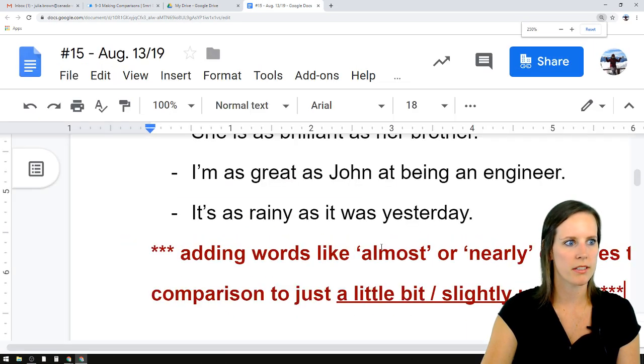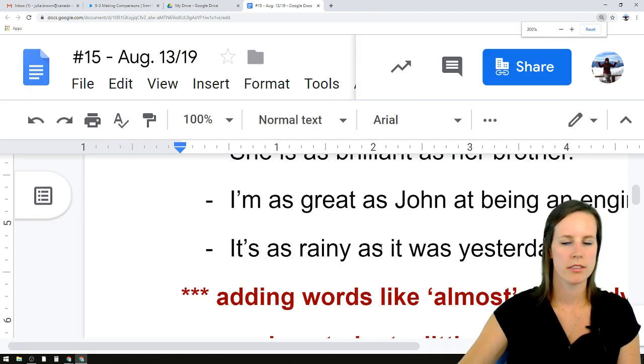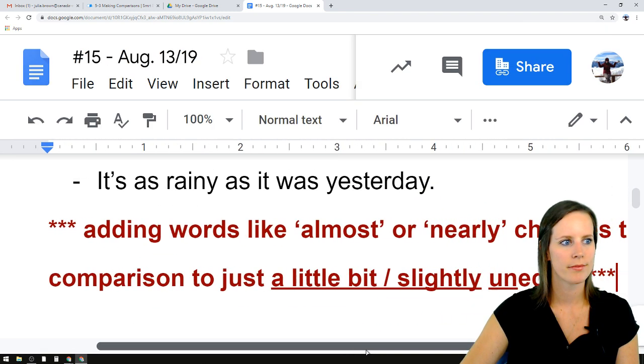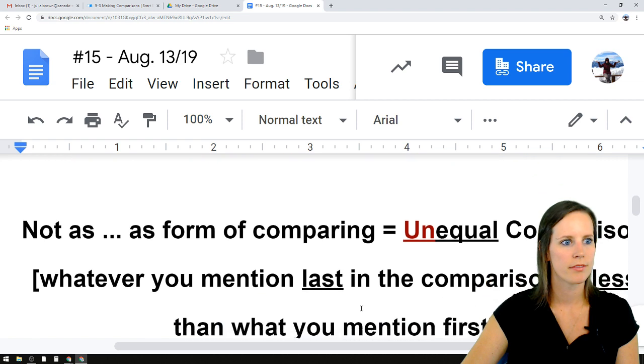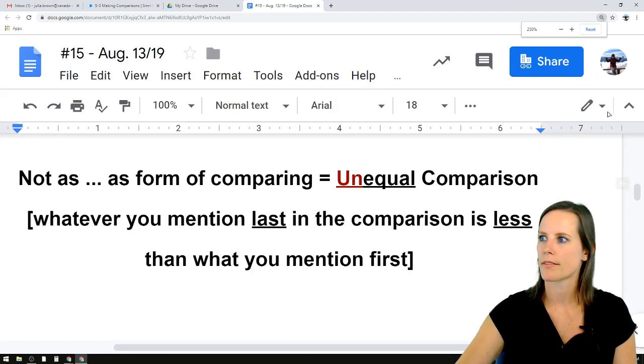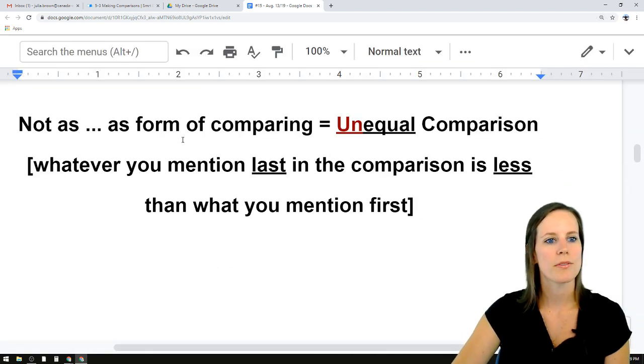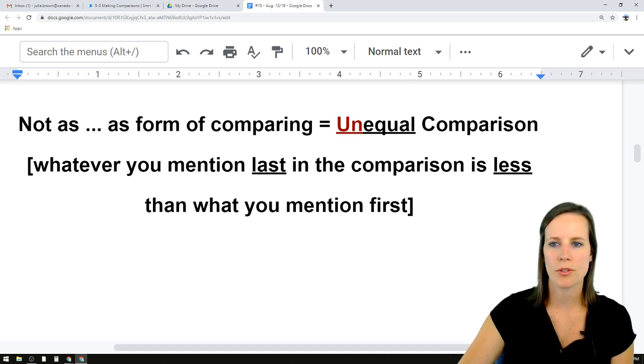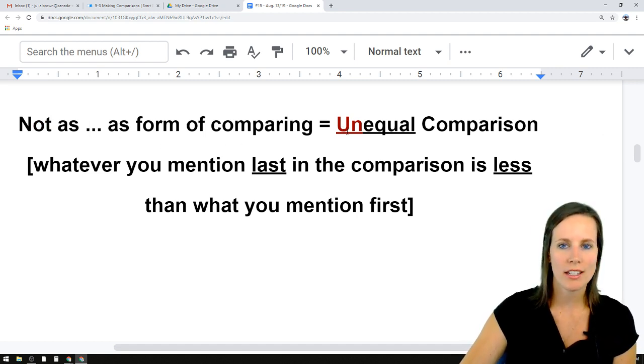I can make this bigger. A little bit bigger here. Okay. So take a look at the document just to remind you, "not as... as" as a form of comparing is an unequal comparison.